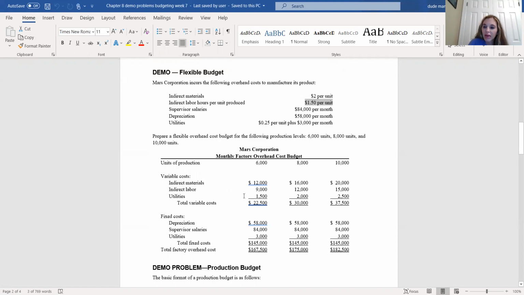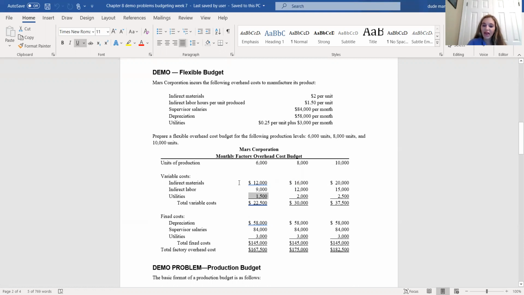Now the utilities is a little bit more tricky, I will admit. They say the utilities here, it's 25 cents a unit plus $3,000 fixed per month. So there is a fixed portion, which is the 3,000, but there's also this variable portion, the 25 cents per unit. 25 cents times 6,000 gives us this 1,500 right here.